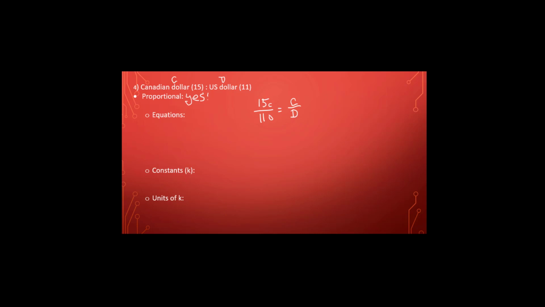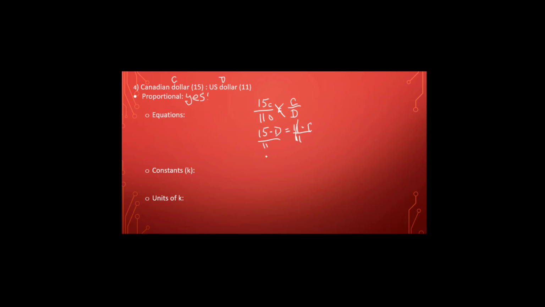I'm just forming equations. So we cross multiply, and I get 15 times D equals 11 times Canadian. Now I can solve either way. Let's solve for C. Divide by 11.